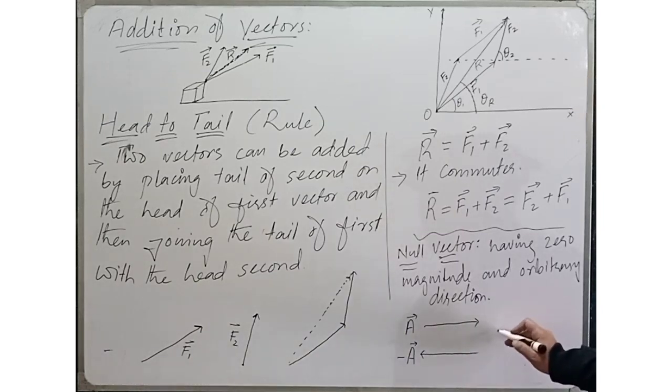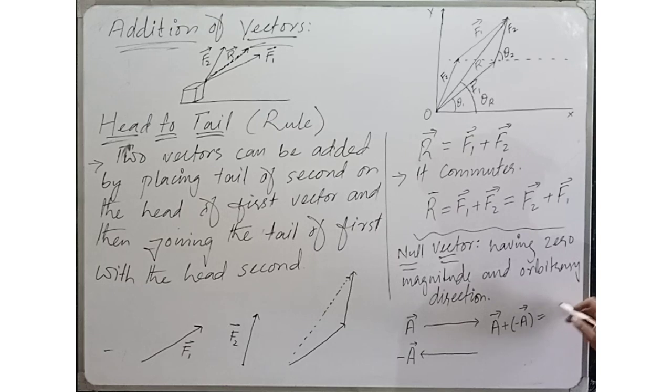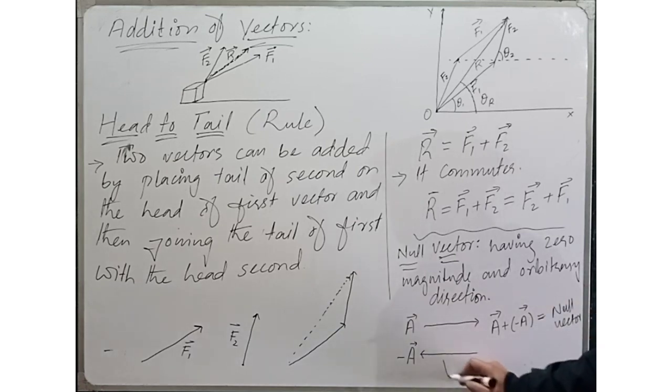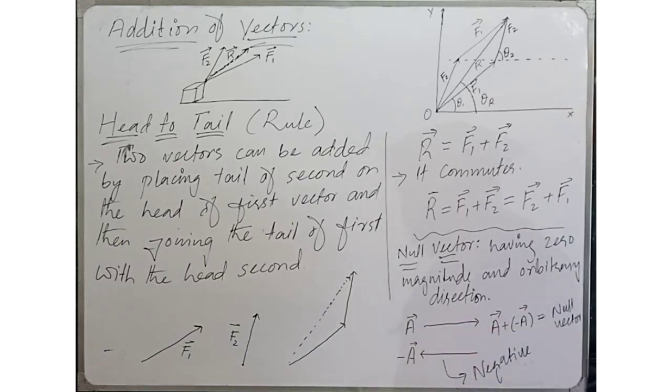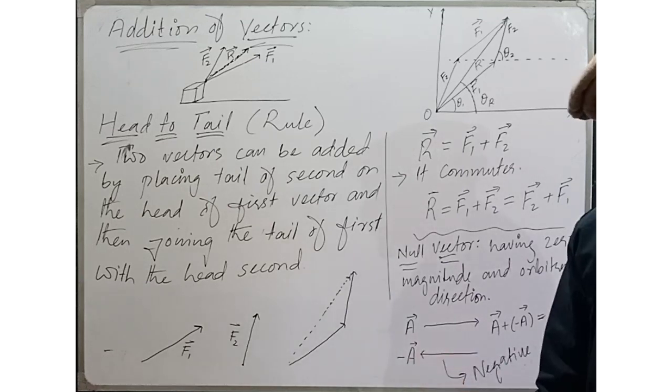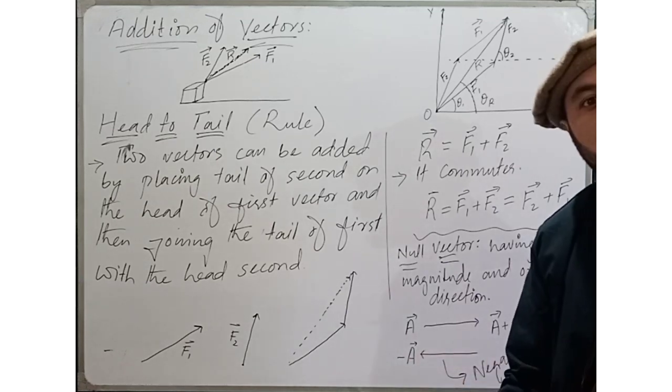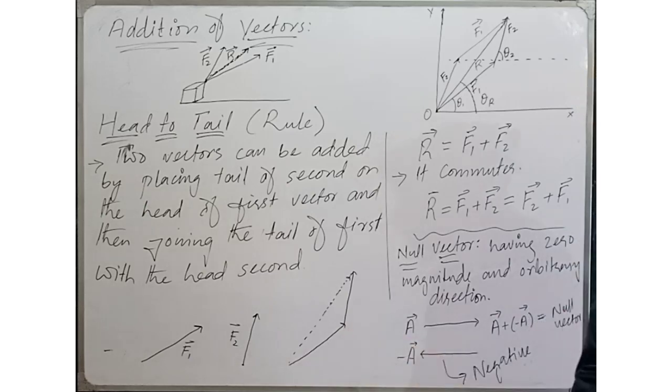If we have A plus minus A, these two vectors cancel one another, so instead of writing 0, we can write the null vector. This is what we call a negative vector. Whenever you multiply a vector with a negative value or minus 1, the magnitude of that vector remains the same, but it changes its direction totally.